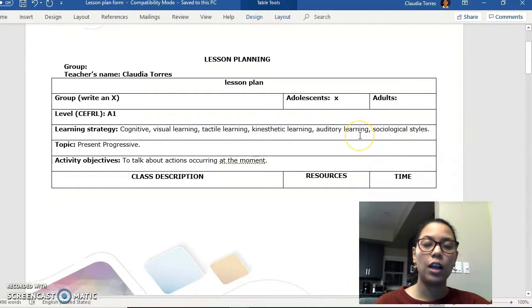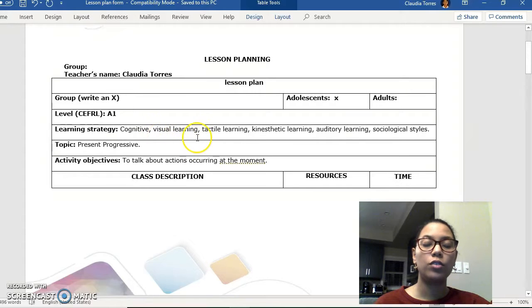Auditory learning, when I use a listening practice, a listening activity. Kinesthetic learning, when we use surveys and they have to walk around the classroom, they have to ask their classmates, they have to move. Tactile learning is very similar, but it implies that they have to touch, they have to maybe write, right?